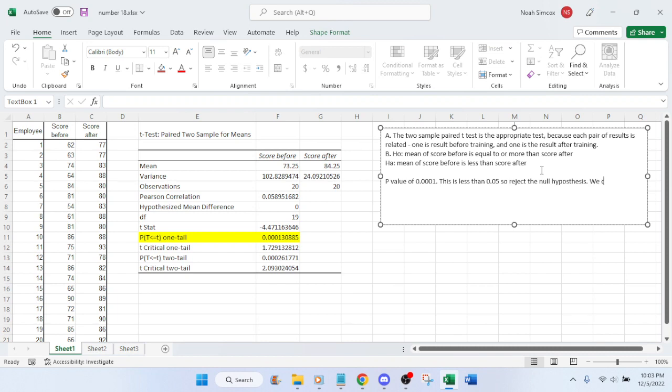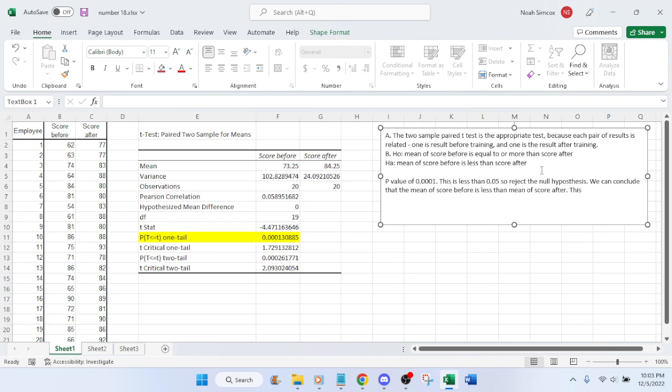We can conclude that the mean of score before is less than mean of score after.